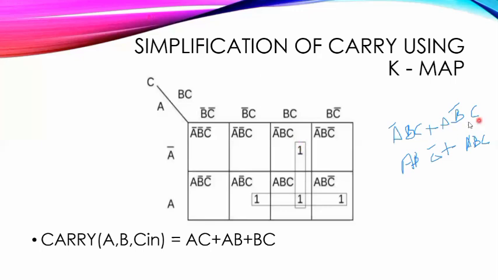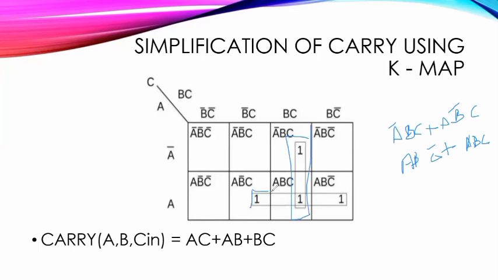And then A, B bar, C, we have to put another 1 in that box. And then A, B, C bar, will be putting 1 here. And A, B, C. Okay, this is how we'll be getting. Okay, when we are putting these ones, we will be able to pair.